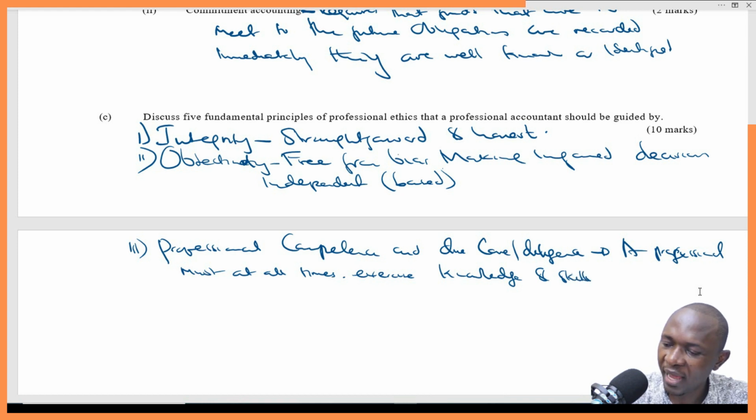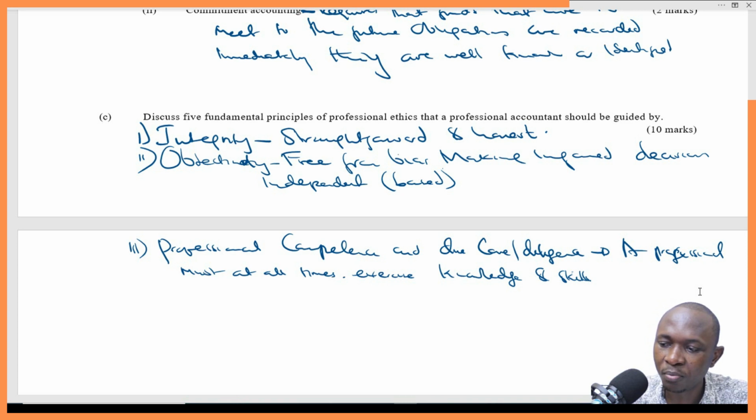So he should apply the accounting, the professional knowledge and skills at any given engagement, and he should also seek to update his knowledge and skills at any given point in time, so that he can work without any cases of negligence, without any cases of failing to do what is expected to be done by a person of his stature.